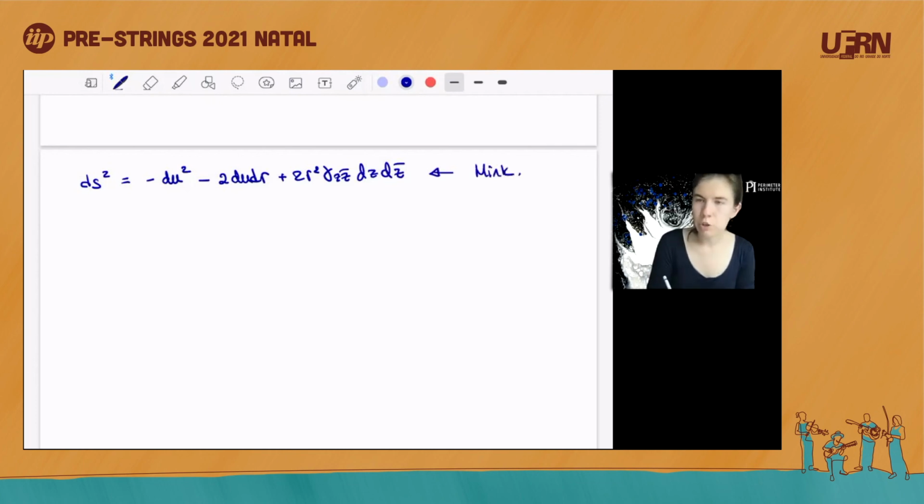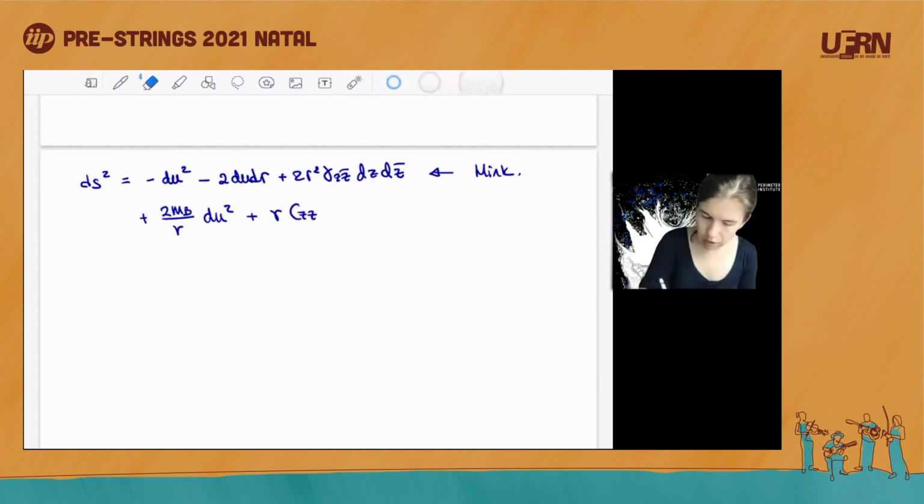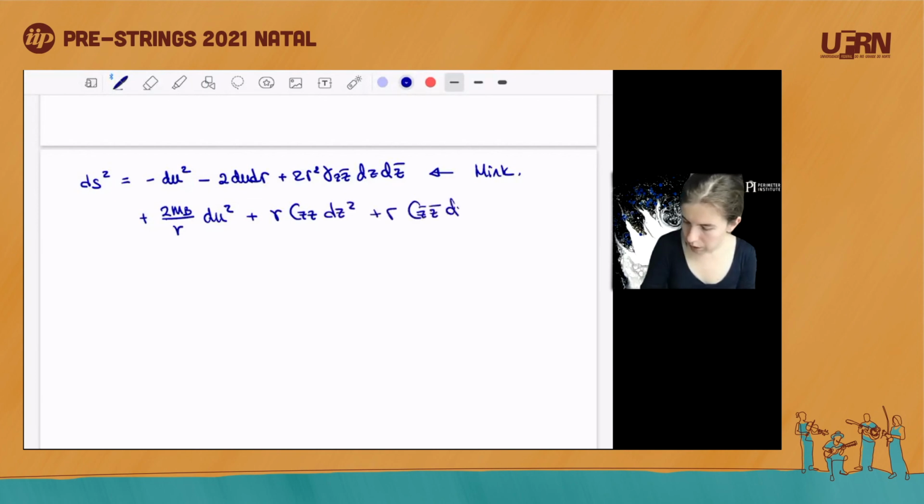And then we have perturbations, linear perturbations on top of this Minkowski background. This is supposed to be what would happen somewhere really far away from such sources. One can have this Bondi mass term, du squared, then plus r C_zz dz squared plus r C_z-bar z-bar dz-bar squared plus other stuff, which are subleading in 1 over r.